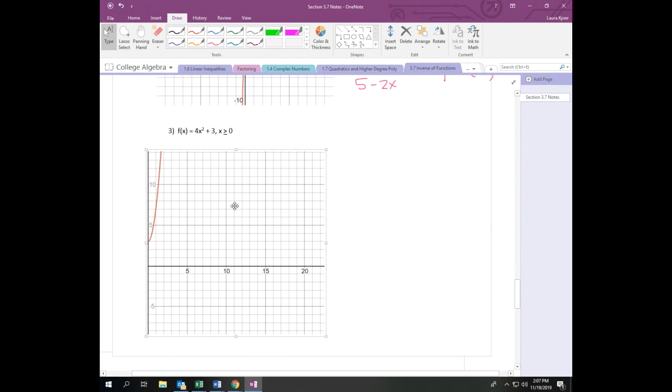It's fine. All right, so since we restricted the domain to only 0 and the positives, we have cut off this matching arm that was over here, and we now only have this right arm of this graph. Restricting the domain in that way made it so that this thing would pass the horizontal line test.